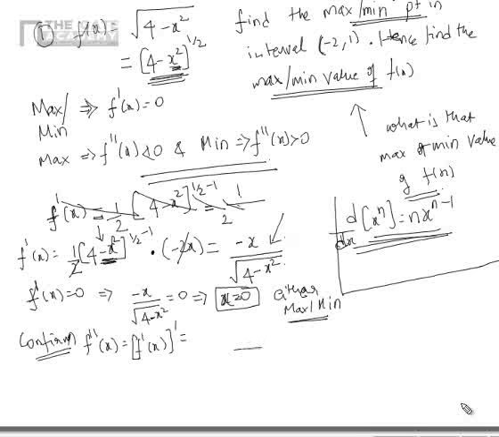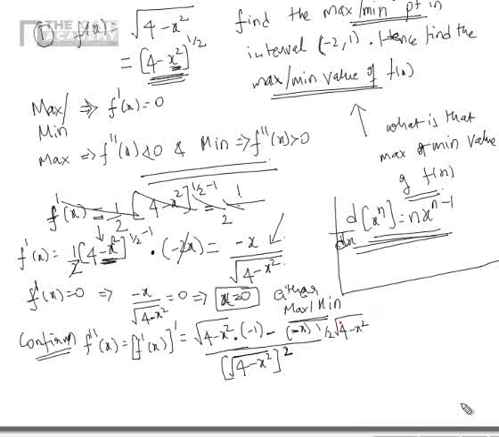So I will get 4 minus x square within root the whole square, then root of 4 minus x square into minus 1 minus minus x into 1 by 2 root of 4 minus x square derivative.